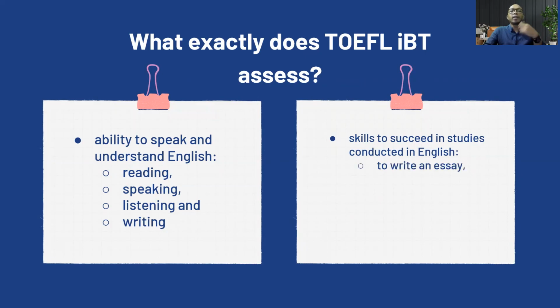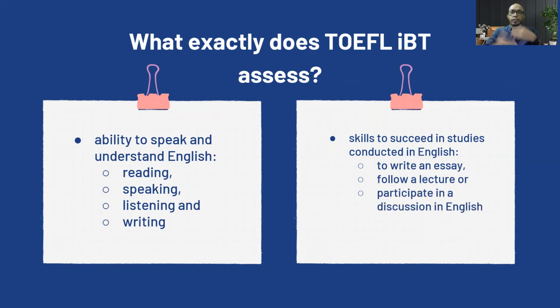And this includes your ability to write an essay in English, your comprehension in following a lecture or participating in a discussion in, for example, a classroom setting in English.